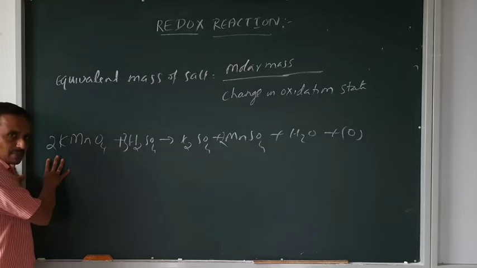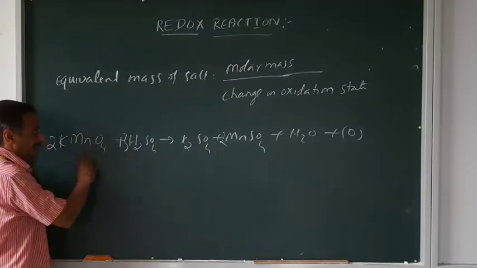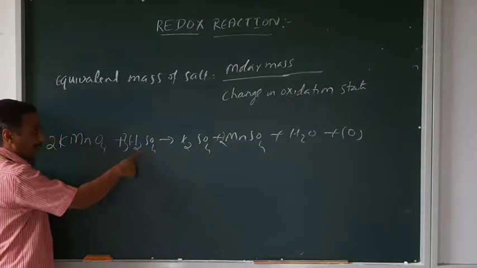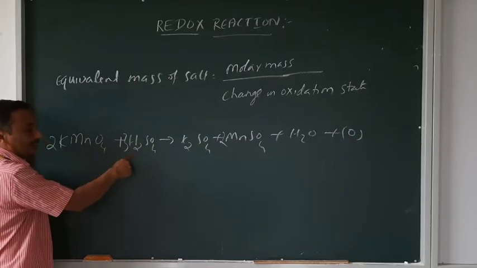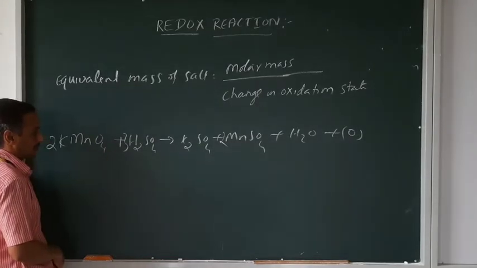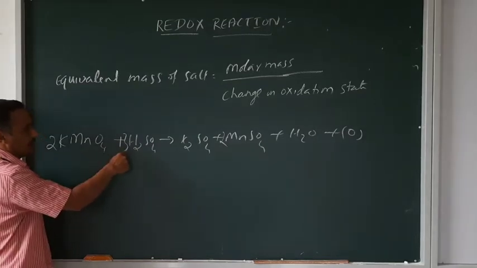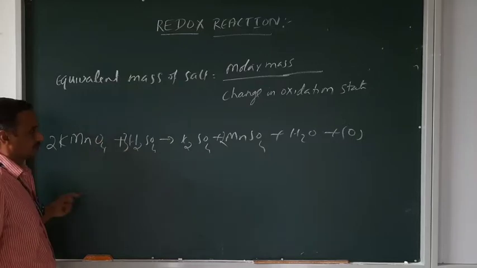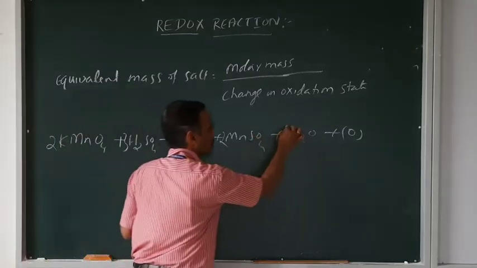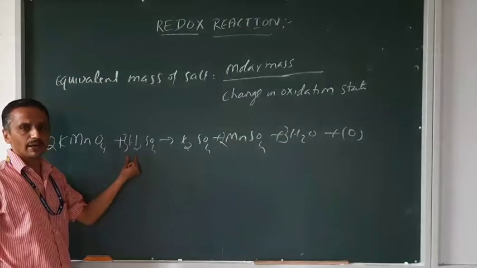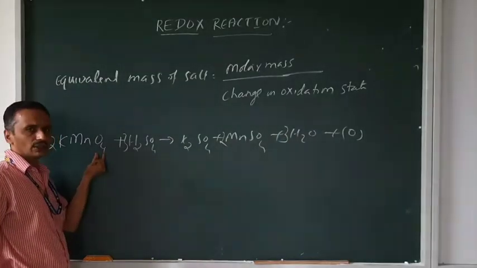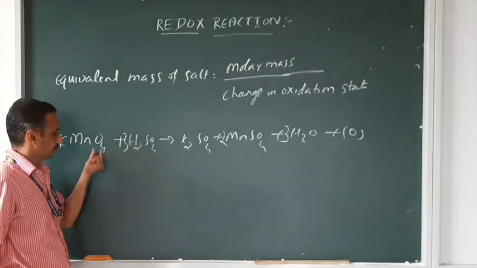Now potassium is balanced, Mn is balanced, sulfate as a whole is balanced. The hydrogen and oxygen are not balanced. So I write 3H2O. The hydrogen is balanced; only the oxygen is yet to be balanced.